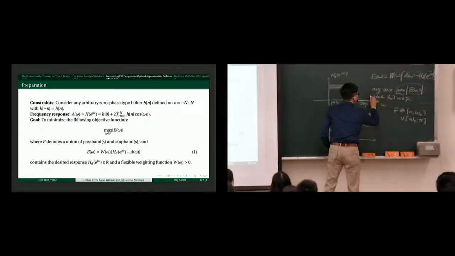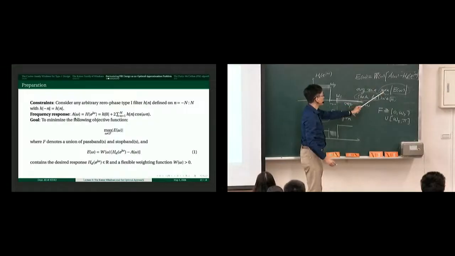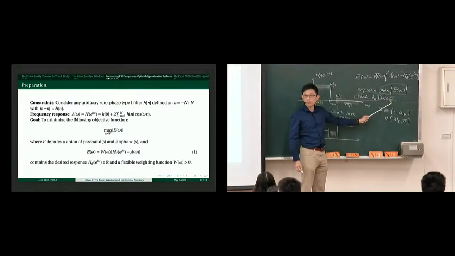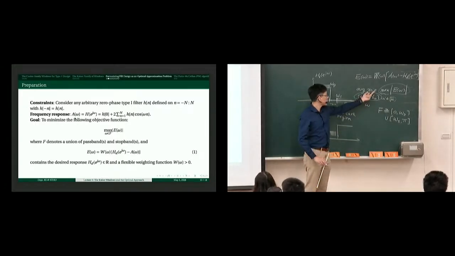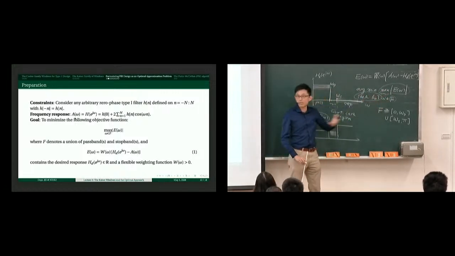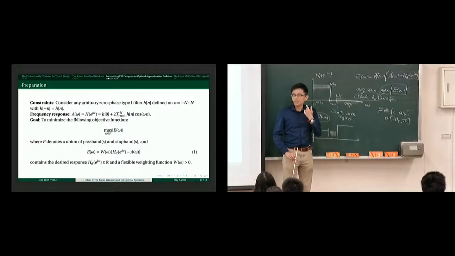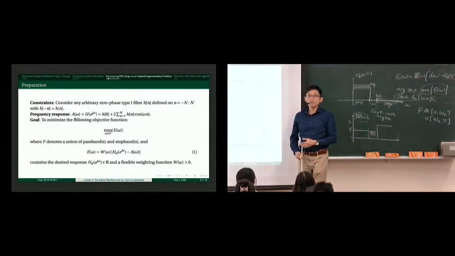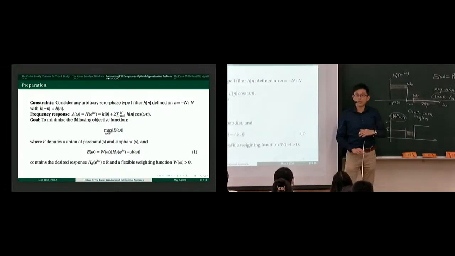You want to find the best filter which minimizes the maximum approximation error in that frequency interval. So, minimizing the maximum approximation error and finding the filter that satisfies this minimization process. That's the way we are going to formulate filter design when we come back after the midterm.